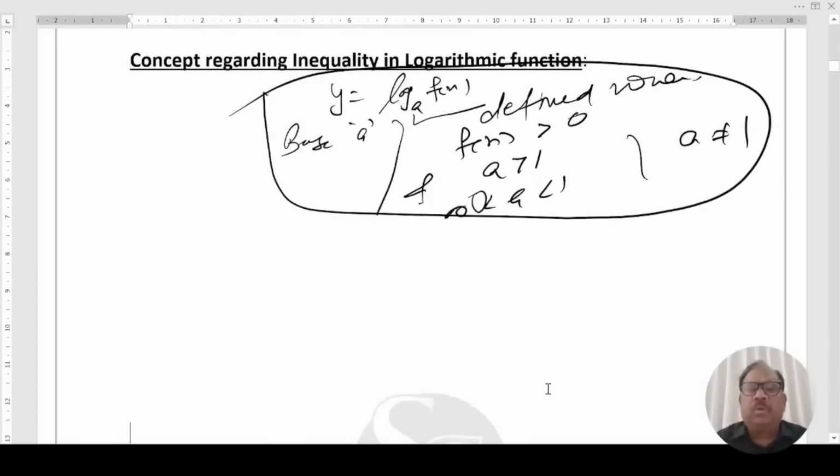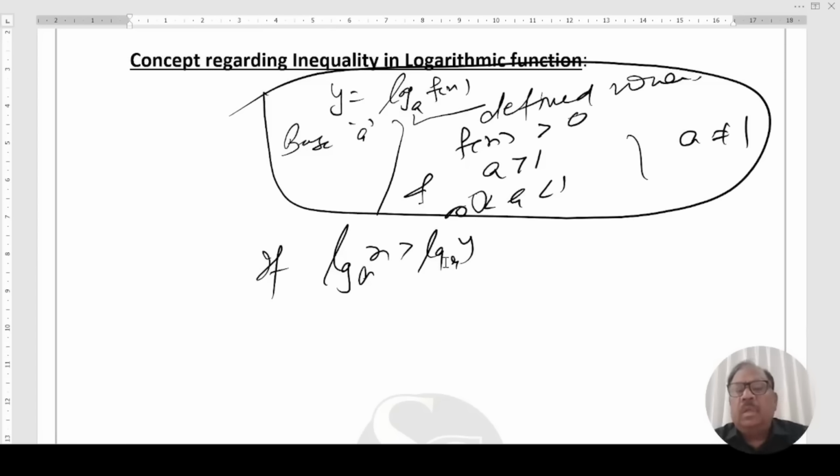Now, in inequality, if log base a of x greater than log base a of y, x, y greater than 0, a greater than 0, two conditions will be there.